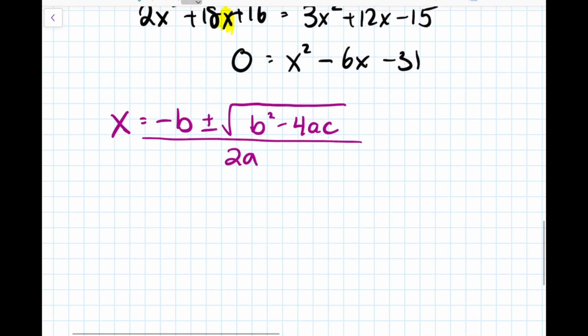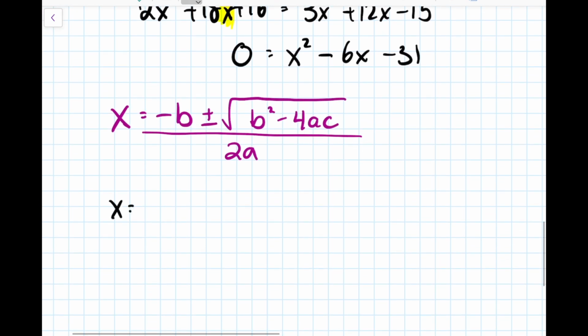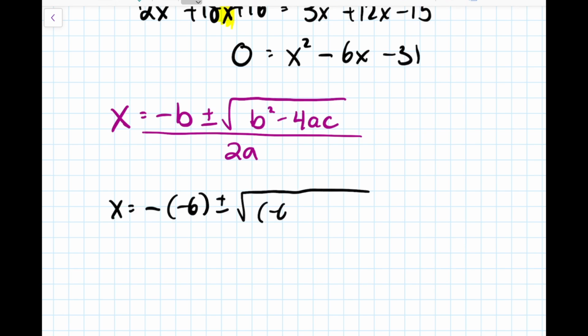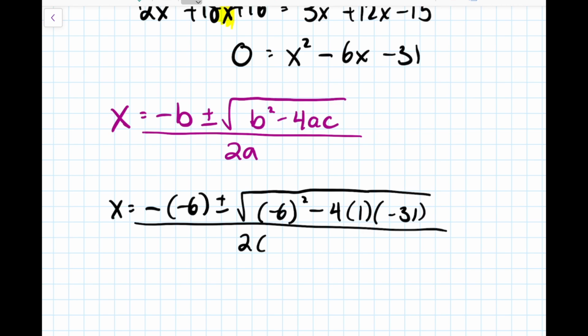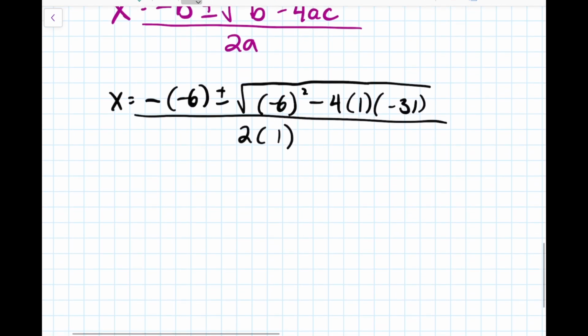So if we start plugging stuff in, that's going to be x equals negative 6 plus or minus the square root of negative 6 squared minus 4 times 1 times negative 31 all over 2 times 1. We're going to simplify everything we can here.